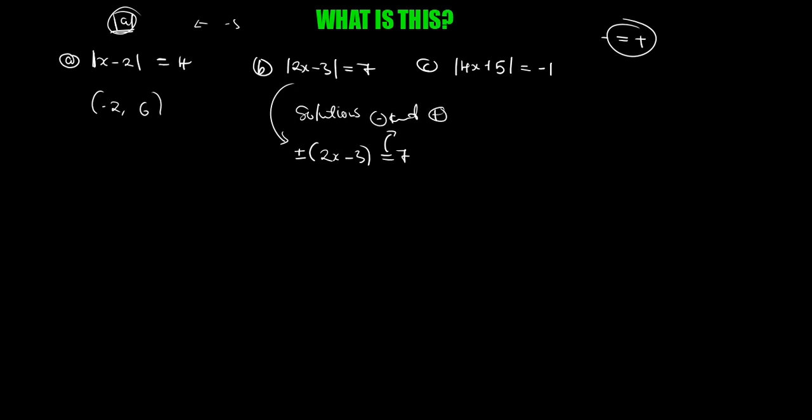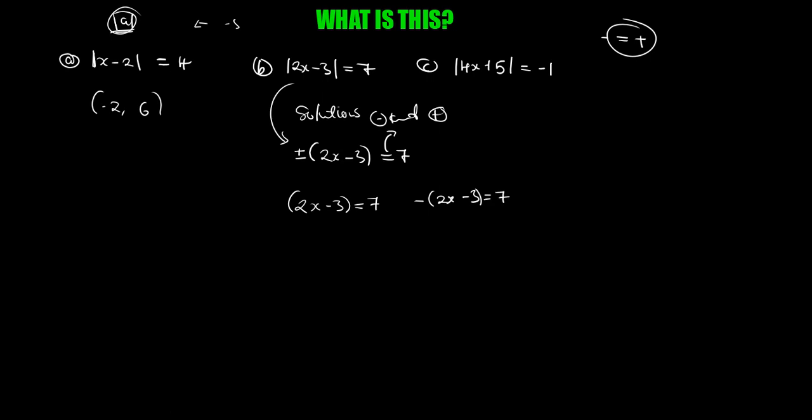We'll start with the positive side, or the negative, whichever you want. I'll start with the positive one. I won't show the positive sign. I'll just say 2x minus 3 is equal to 7. Then the other one will be negative, open bracket, 2x minus 3 is equal to 7.